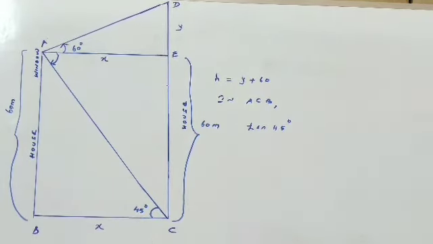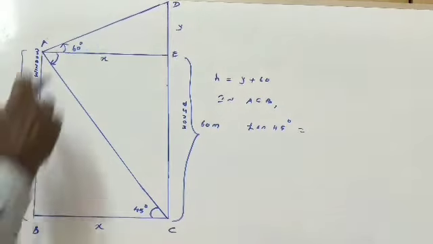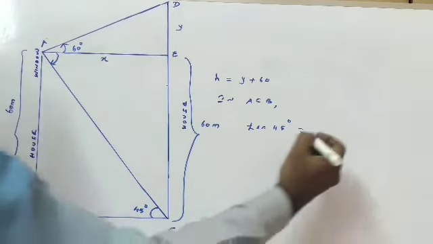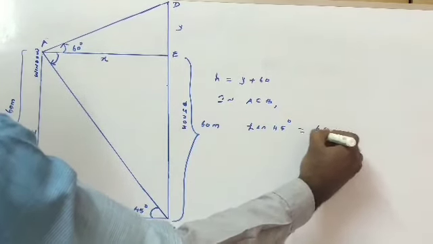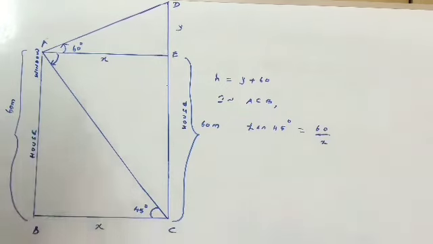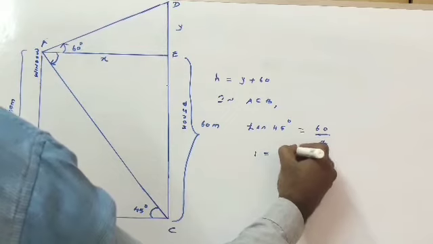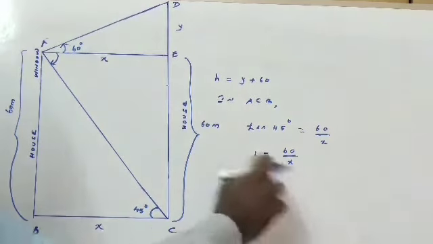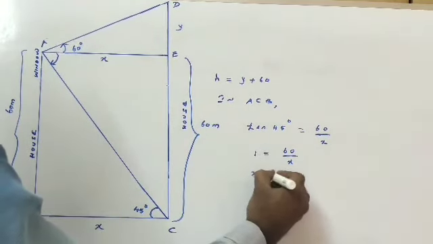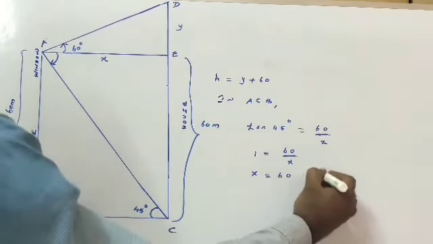Tan theta equal to opposite side by adjacent side. Here the opposite side is AB, that is 60. For tan 45 the value is 1. So 1 equal to 60 by X. Now cross multiplying X with 1, that is X equal to 60. Consider this as equation 1.